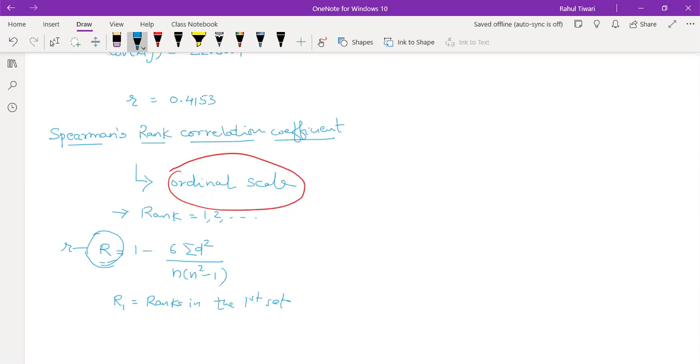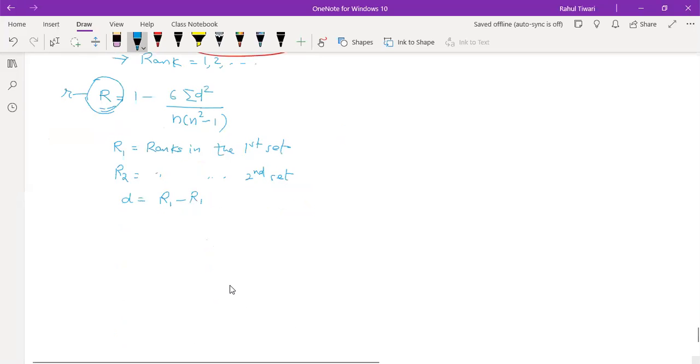Similarly, R2 is the ranks in the second set. D is the difference of R1 and R2. And N is the number of observations in each set.